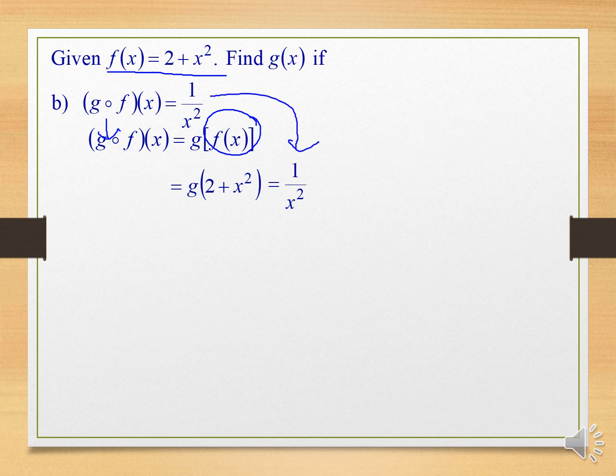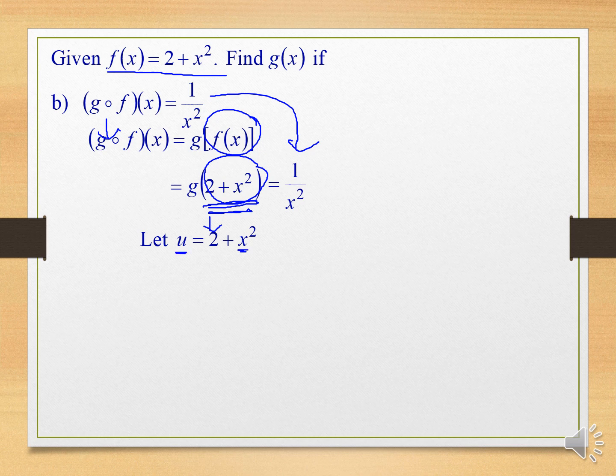What we want is g with a single input, but we have g with 2 plus x squared. Therefore, we need to let this input as a single variable, which is let u equals 2 plus x squared. From here, this equation gives you relations between u and x.